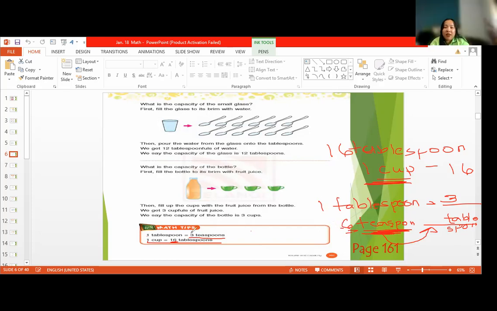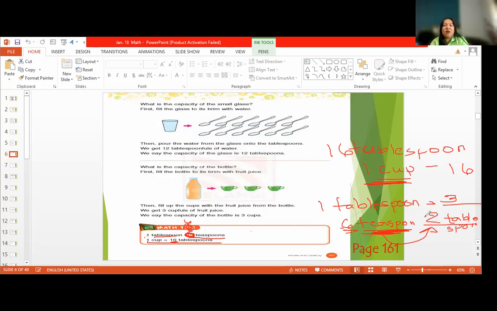It tells here 3 teaspoons is 1 tablespoon. This one is 3 only. So how about if this one becomes 6? How many tablespoons? 2 tablespoons. Very good, Tanapat, it is 2 tablespoons.